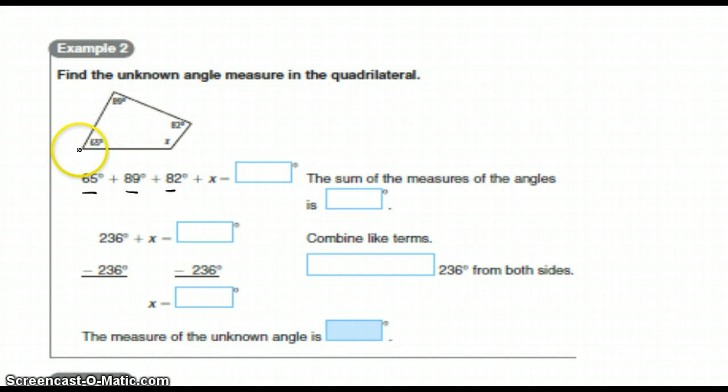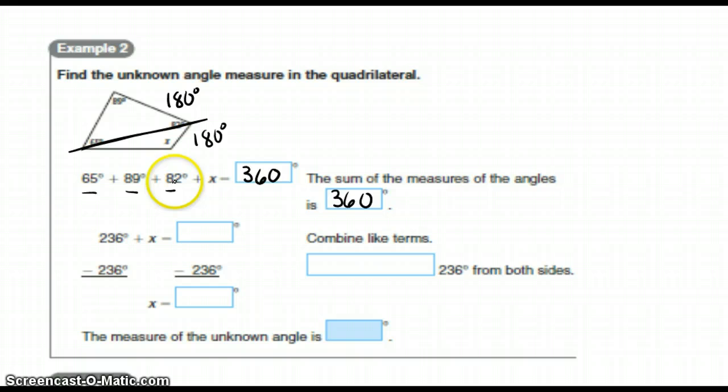I can figure it out because I can take this quadrilateral and turn it into two triangles. If this triangle's 180 and this triangle's 180, then I know that the sum of my quadrilateral, when I add up all my angles, will be 360 degrees because it's really made up of two triangles.